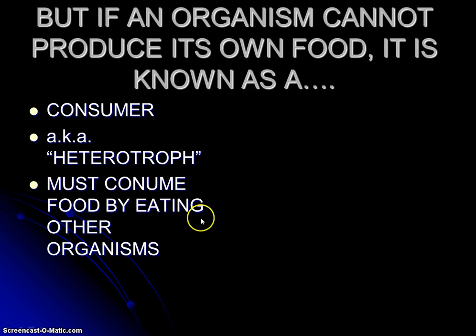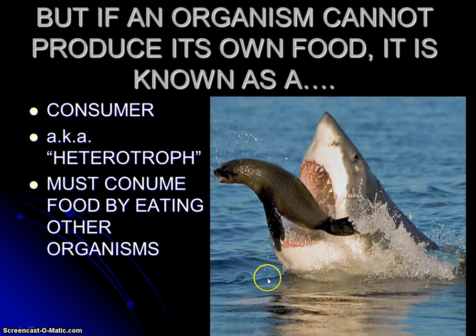You've got to eat other organisms, whether they're plants, or, in this guy's case, ouch, other animals. Some of us do a mix of both. Some of us are just vegetarians. Some of us are, well, I doubt just carnivores. I hope you're not. But in this case, like the great white shark, use some of your knowledge of organic compounds. He's going to eat the seal.